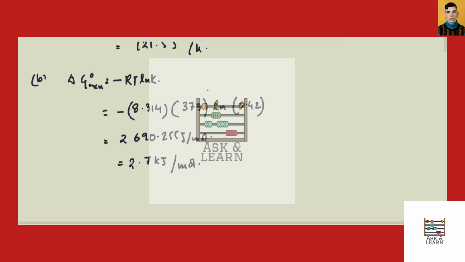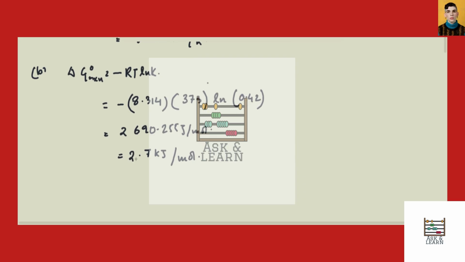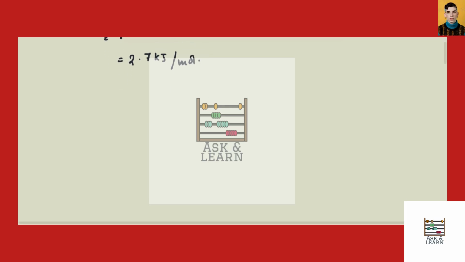Therefore, the value of delta G reaction is 2.7 kilojoule per mole.